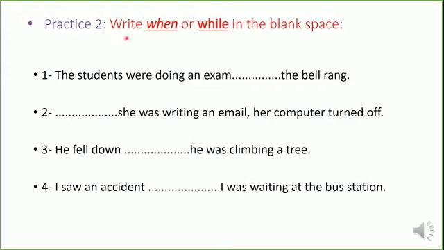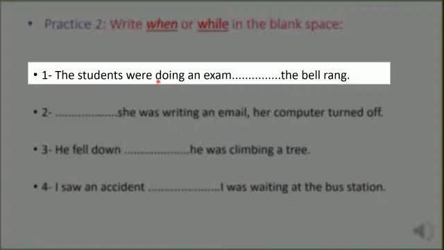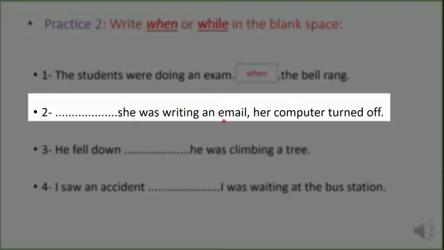Practice 2. Write when or while in the blank space. The students were doing an exam. The bell rang. Here we have a short action, so we have to use when. She was writing an email, her computer turned off.